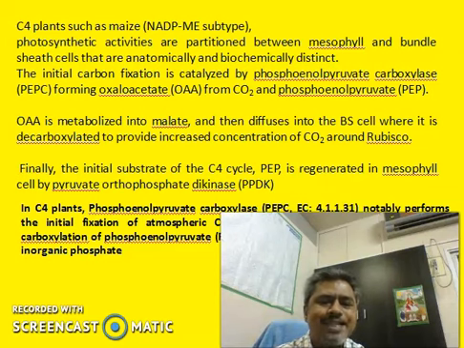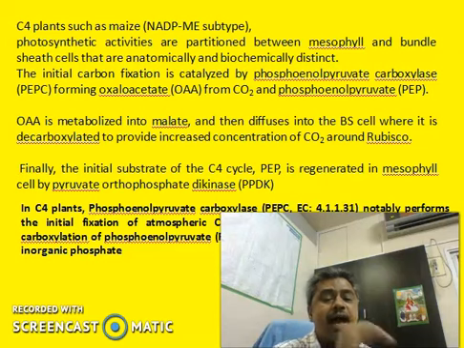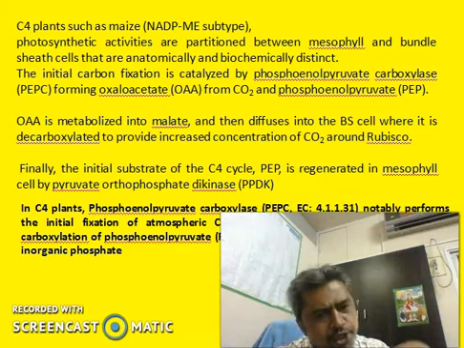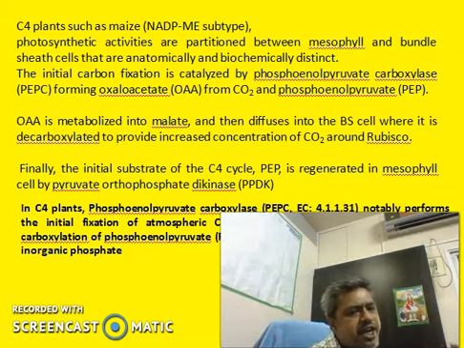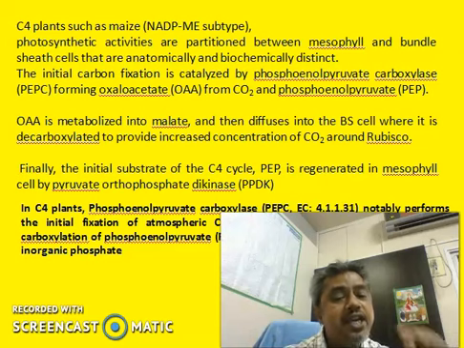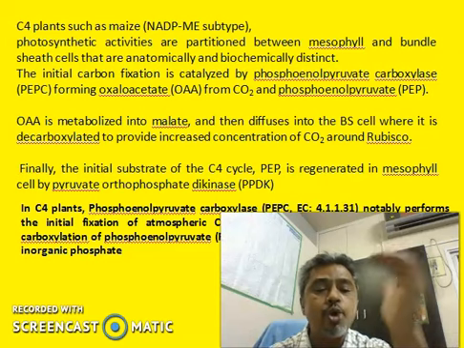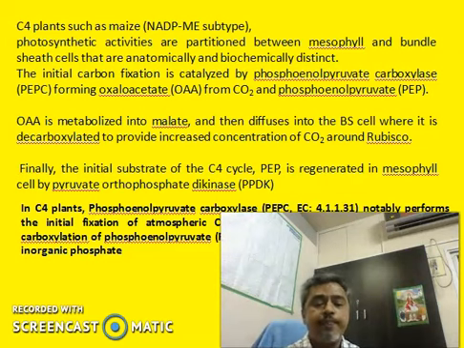Now oxaloacetate is metabolized into malate and then diffused into a bundle sheath cell, where it is decarboxylated to provide increased concentration of CO2 around Rubisco.